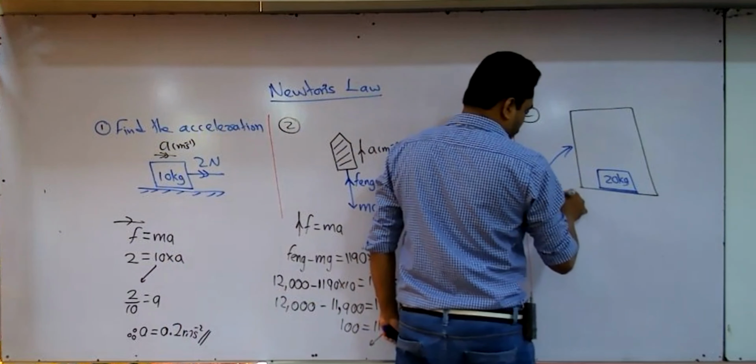You know what a lift is? It's a metal box. It can be moved up and down by using an electric motor, right? A metal box of 20 kilogram is kept on the floor of a lift.